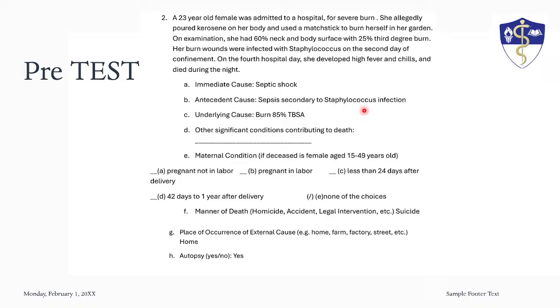Her burn wounds were infected with staphylococcus on the second day of confinement. So there it is. That has to go there. Staphylococcus. On the fourth hospital day, she developed high fever and chills and died during the night. So it's septicemia.